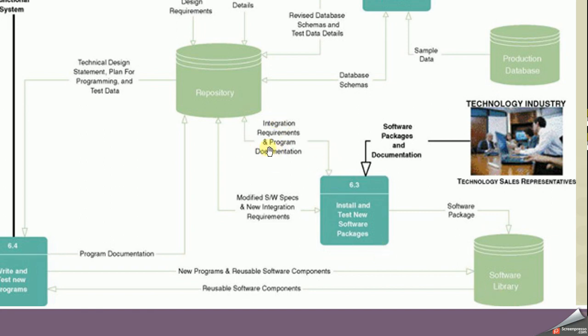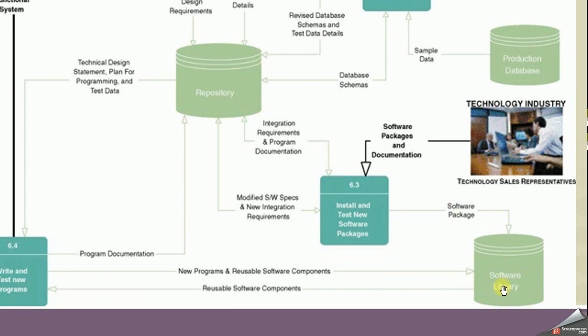Any integration requirements and program documentation are stored in the repository. And if we have modified software specification or new integration requirements for in-house developed systems or the other programs, they will also be stored in the repository, right? So this phase will take the ready-made software packages from the technology industry.